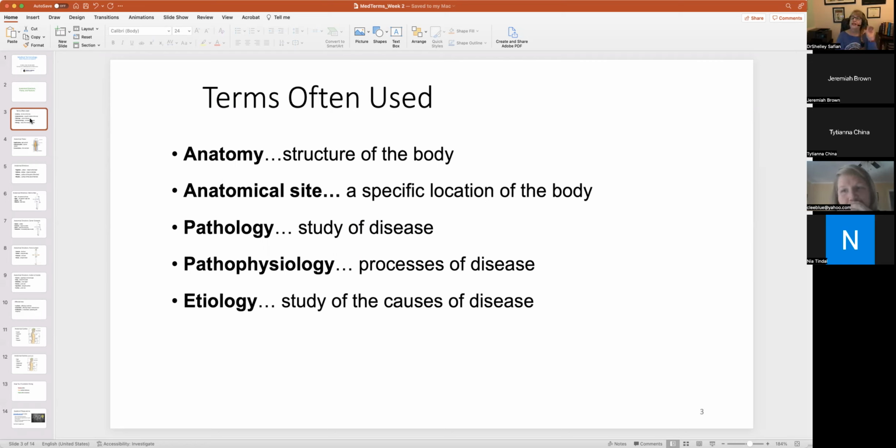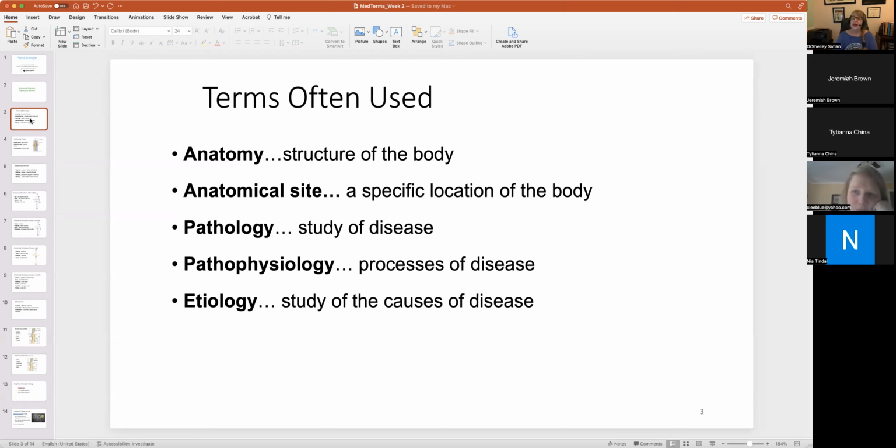Okay, now you've heard pathology, and maybe you heard also pathophysiology, which is different, which is why it has a different word. Pathophysiology is the process of disease. So if, for example, I hope not, you might know of someone who is diagnosed with cancer, and they may refer to them as stage 1 cancer, stage 3 cancer.